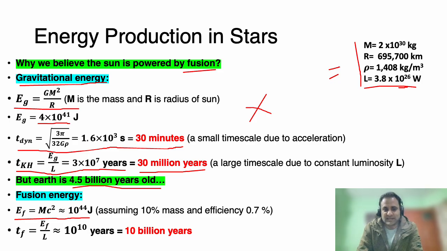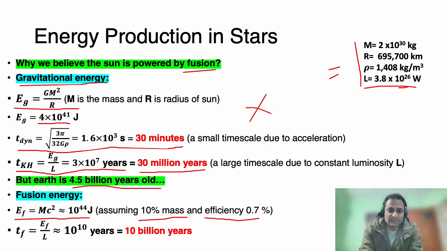So assuming that in the sun you have 10% mass actively involved in the fusion, and the efficiency is 0.7%, it means that 0.7% of that energy can be converted into the energy that we see.